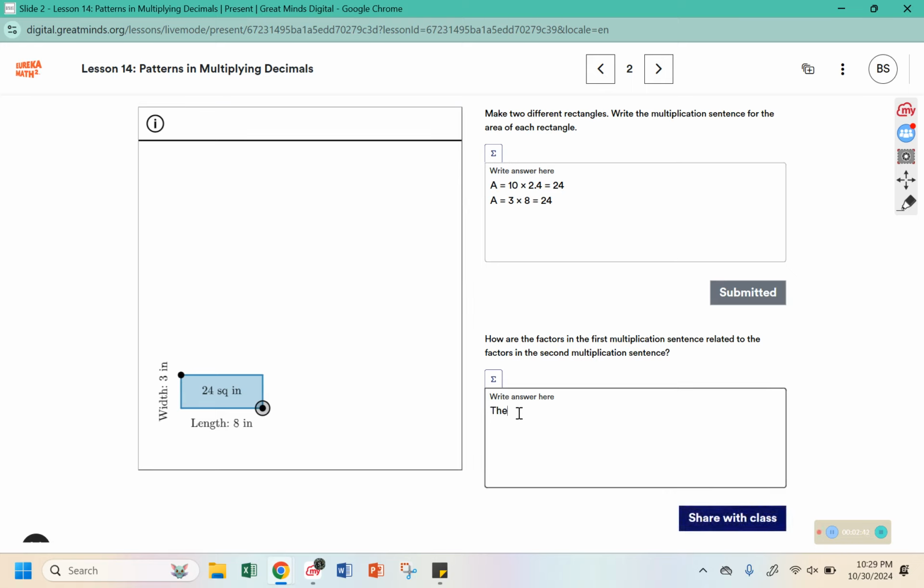So as the width decreased, the length increased. You can also see, maybe not in this example specifically, because these decimals are a little harder to work with, but let's look at a third one.